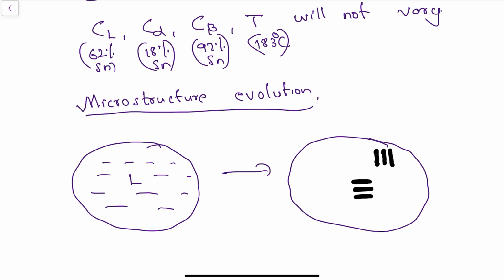Let me draw this. This is how this composition will look. These are the lamellar structures you will find.